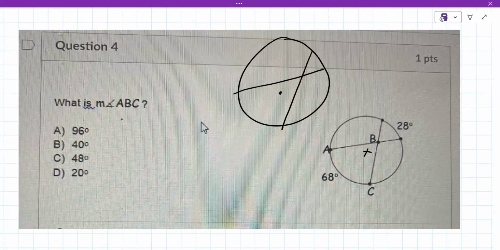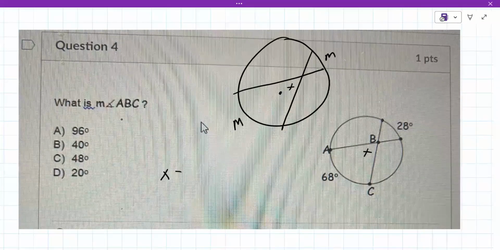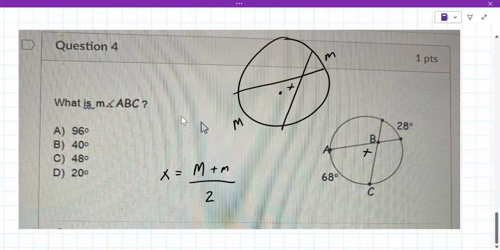The center is just off there, somewhere to the side. I use the notation big M and little m, and X equals the average of big M plus little m, divided by 2. So you have to take the two arc measures, 68 and 28, add them up and divide by 2.